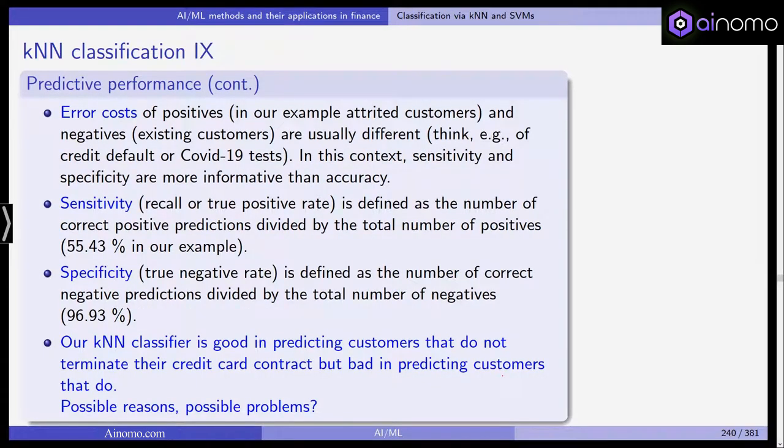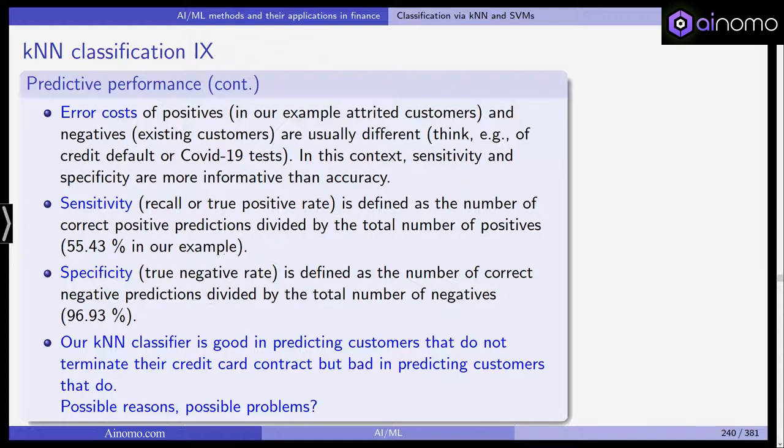Now, we have some additional metrics. Error costs of positives, in our example the customers who terminate their contracts, and negatives are usually different. And in this context, sensitivity and specificity are more informative than accuracy. So we start with sensitivity. That's the recall or true positive rate, defined as the number of correct positive predictions divided by the total number of positives.